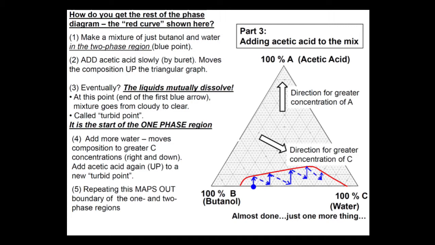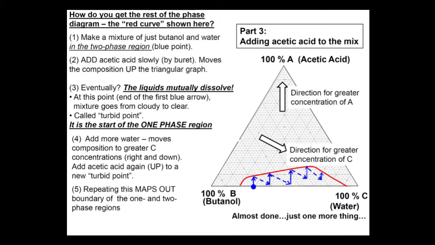So what you then do is you will add water to your mixture. And that will bring you back. That's the dotted line. It'll bring you back because the dotted line goes in the direction of what would happen when you add water. Okay, you'll go towards the 100% C vertex.